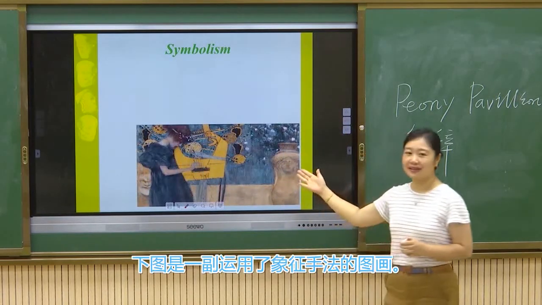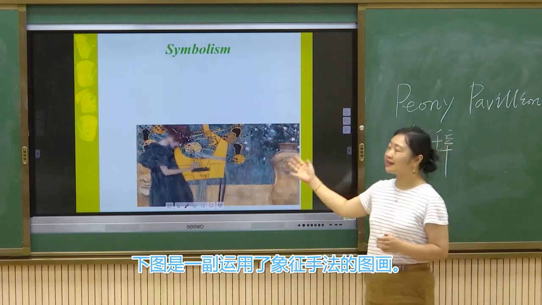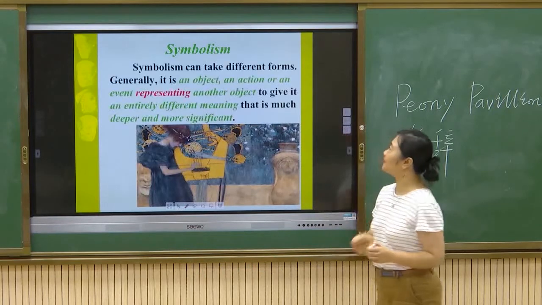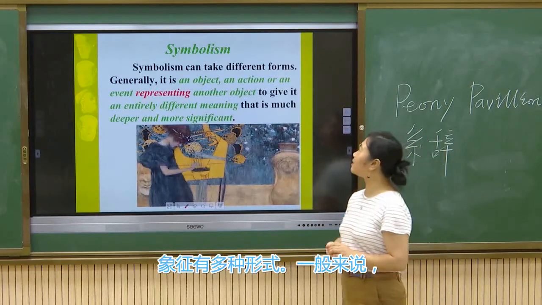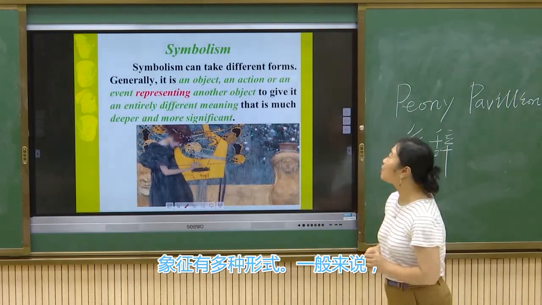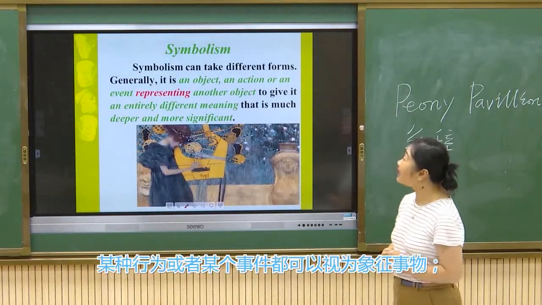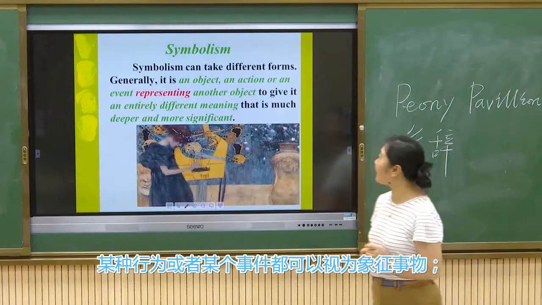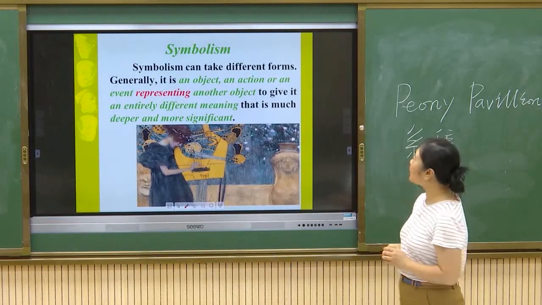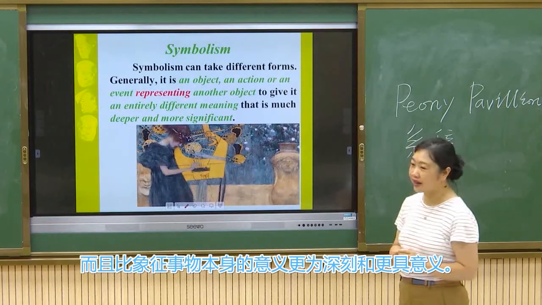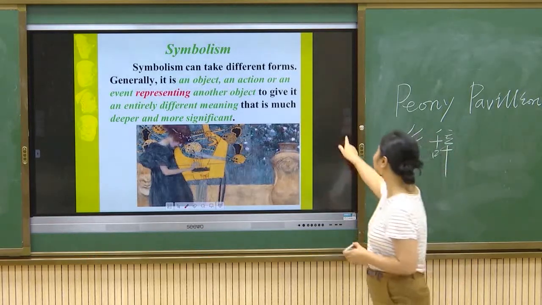This is a picture adopting the technique of symbolism. Symbolism can take different forms. Generally, it is an object, an action, or an event representing another object to give it an entirely different meaning that is much deeper and more significant.